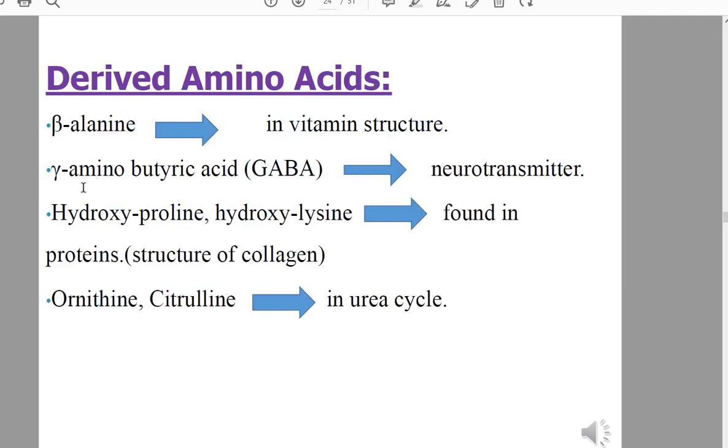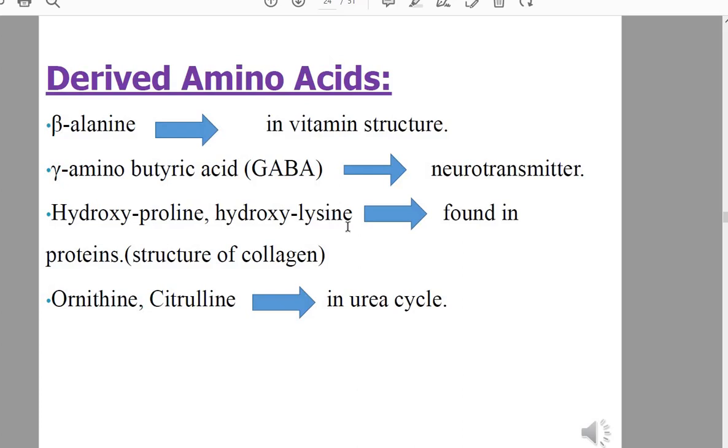There is also gamma amino butyric acid. This means that the amino group is attached to the third carbon atom after the carboxylic group. The first is alpha, second is beta, and the third is gamma. Gamma amino butyric acid, abbreviated as GABA, is considered a neurotransmitter in the nervous system. There is also hydroxyproline and hydroxylysine.